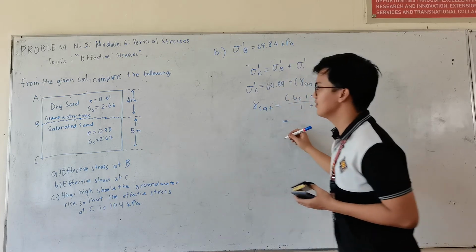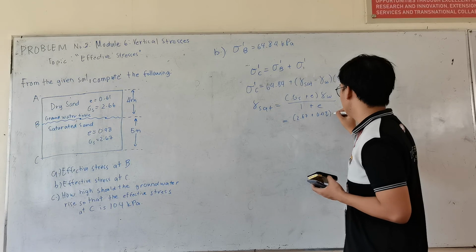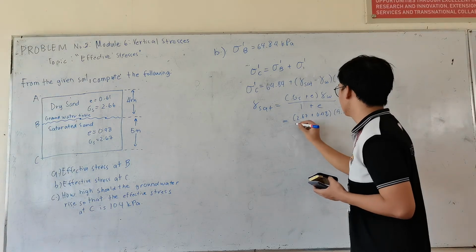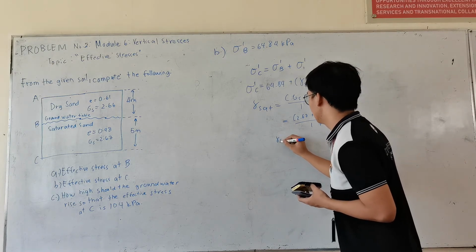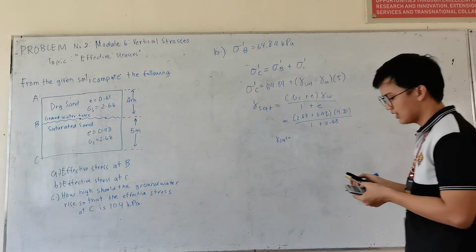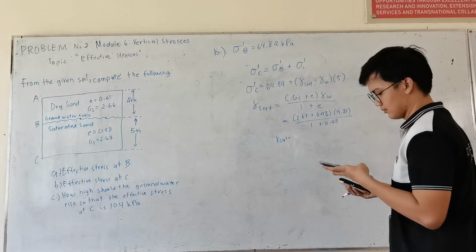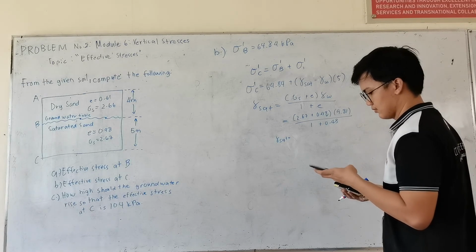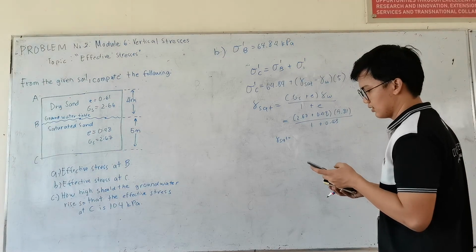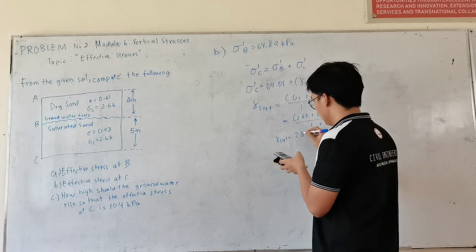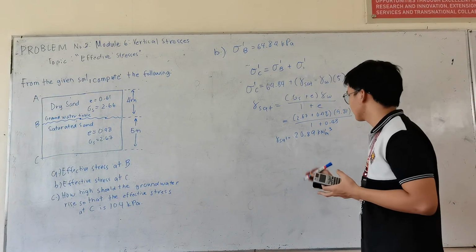So, substitute the values: 2.67 plus 0.48 times 9.81 over 1 plus 0.48. So, ang unit weight natin is 20.89 kilonewton per meter cube.